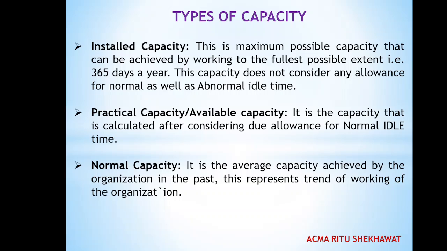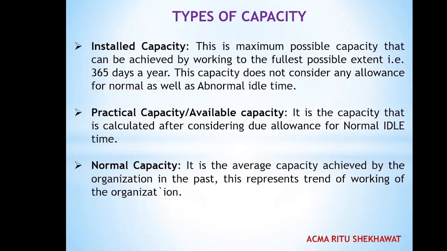Practical capacity, or available capacity, is the capacity calculated after considering due allowance for normal idle time, such as shift change and all those things. This is the available capacity. Normal capacity is the average capacity achieved by the organization in the past.